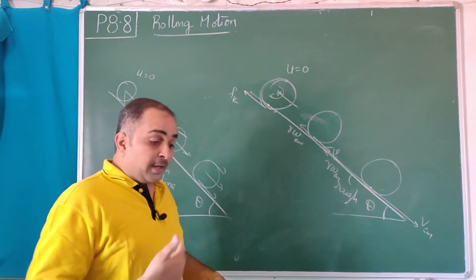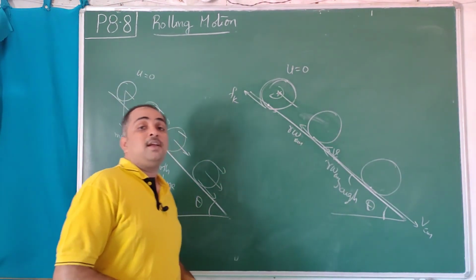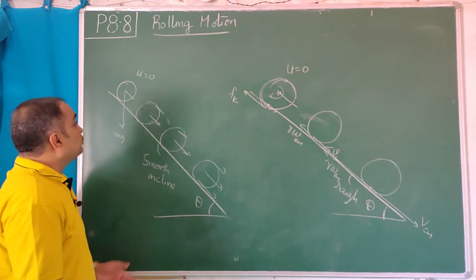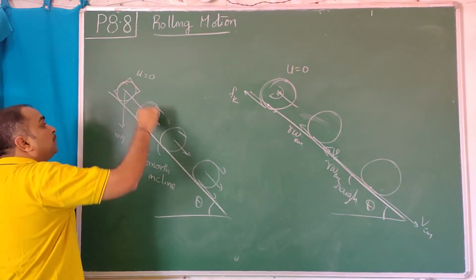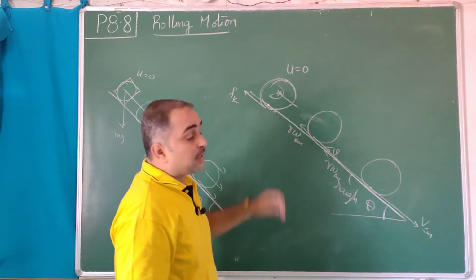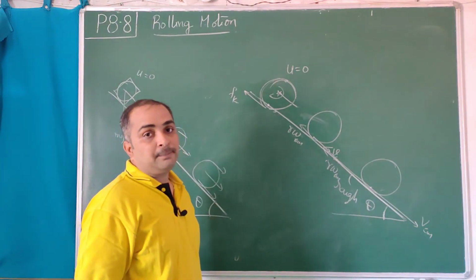Not only that, the wheel not only gains the translation but also gains the rotation, which will not happen if the surface is smooth. On a smooth incline, there is no difference between a cube coming down and a ball coming down. But on a rough surface, a cube coming down will be a sliding motion.